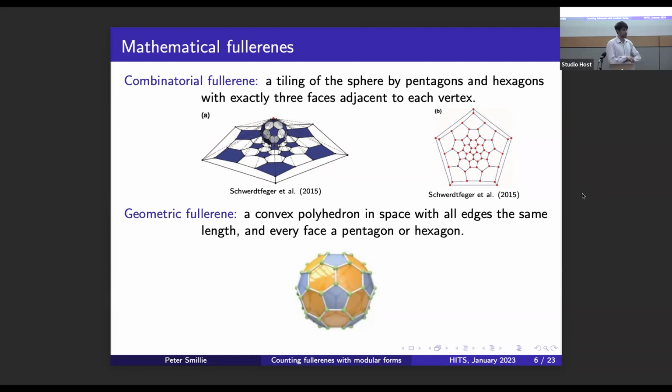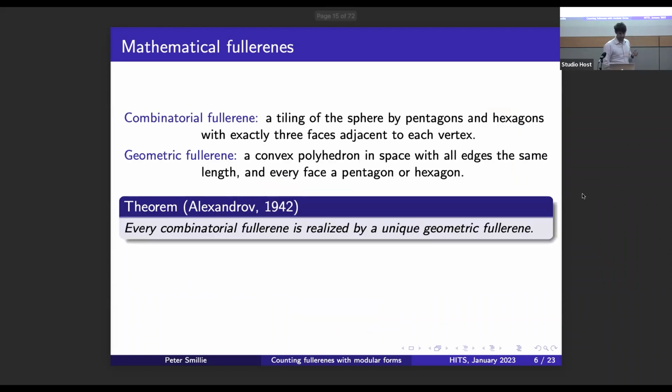So the first math theorem that I want to tell you is that these are the same. This is a theorem of Alexandrov, 1942. And it's more general. This is a special case. He certainly wasn't thinking about fullerenes, but it says that every combinatorial trivalent planar graph with faces pentagons and hexagons is realized uniquely by a geometric fullerene.